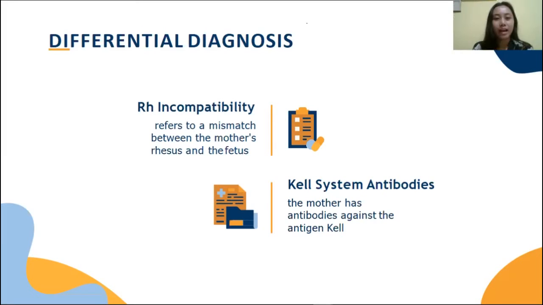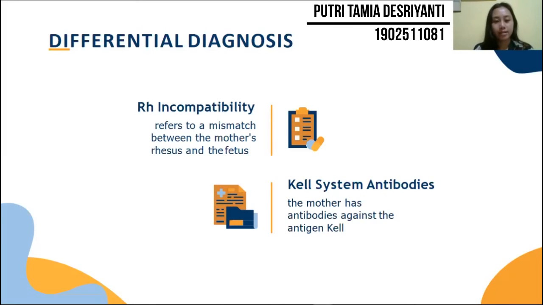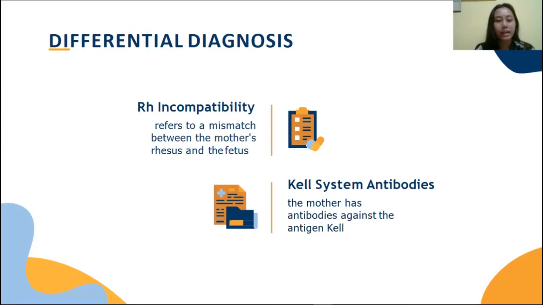Next. Kell system antibodies are a rare case. Kell antigens are one of the antigens found on the surface of erythrocytes of people with positive Kell. As in the case of rhesus incompatibility, in the Kell system antibodies, the mother has antibodies against the antigen Kell. This will cause fetal erythrocyte hemolysis and end up with HDN. Kell system antibodies can be distinguished from rhesus incompatibility by seeing the presence of Kell antibodies in the mother's blood and Kell antigens in fetal blood.